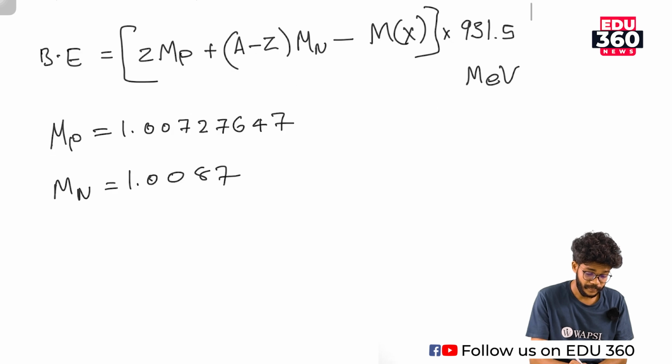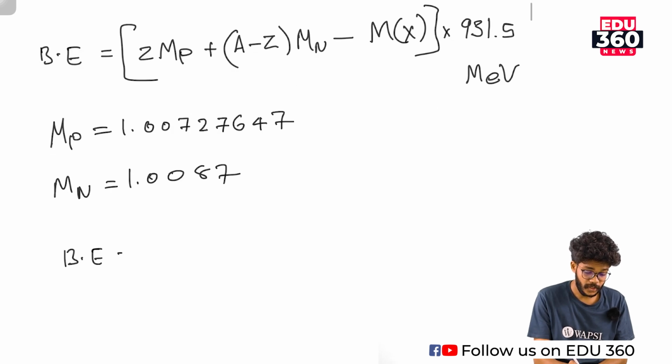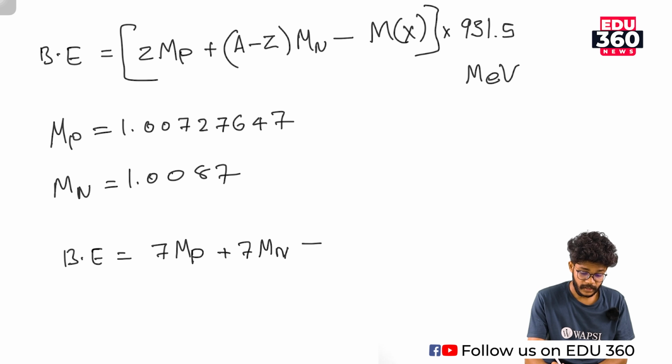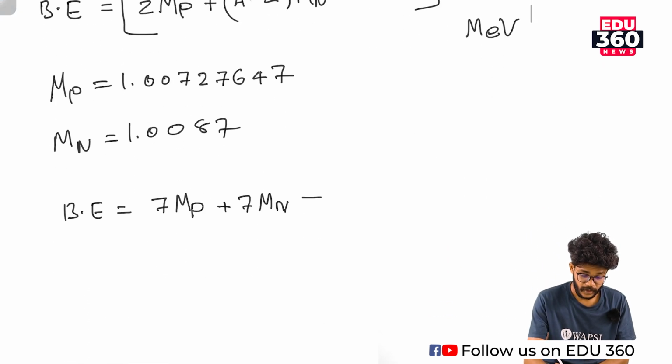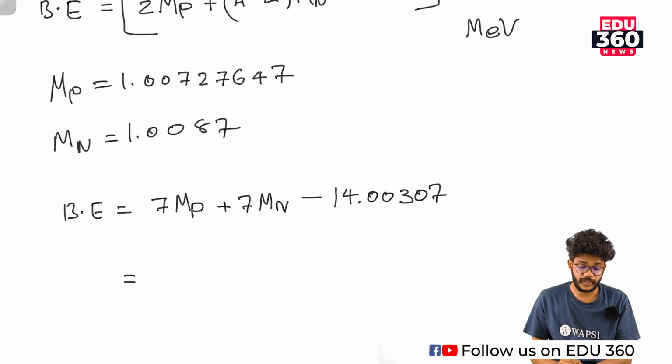So substitute: binding energy is equal to 7 into Mp plus 7 into Mn minus 14.00307. You want to substitute this mass Mp and Mn.